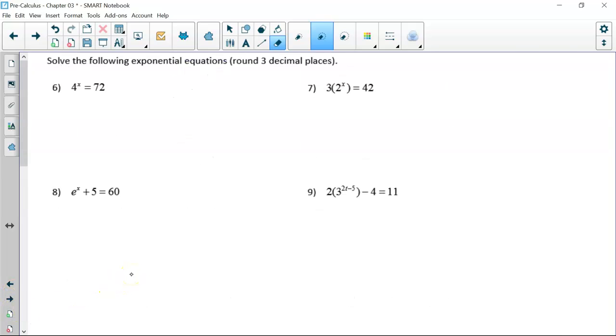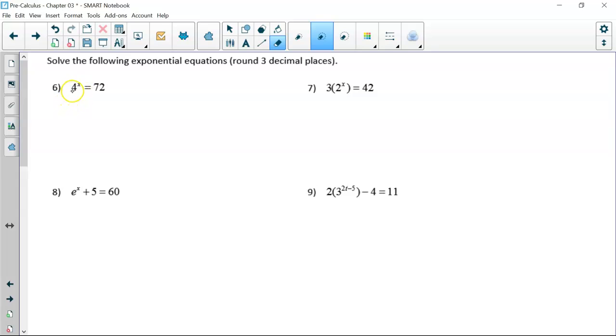All right, problem number 6. Looking at this, what we can do is maybe rewrite them, but it looks kind of messy to try to do that. So what I'm going to do is get rid of the exponential.